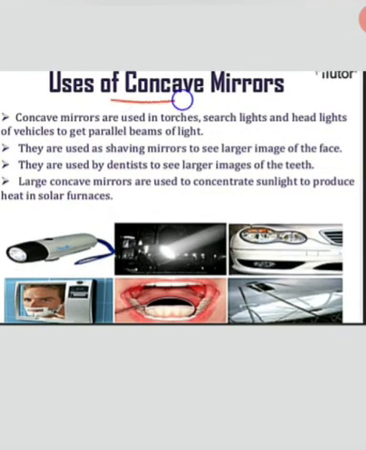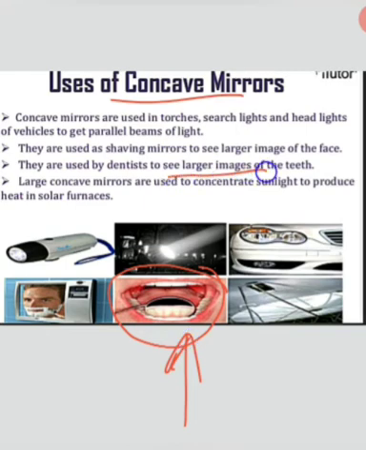These are the various uses. Here it is shown that this type of mirror is used by dentists, and in this case your teeth are taken between pole and focus so that a dentist can find a larger image. Here it is written, so that the dentist can find larger images of the teeth.